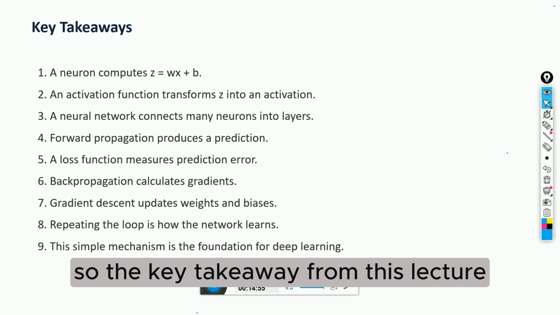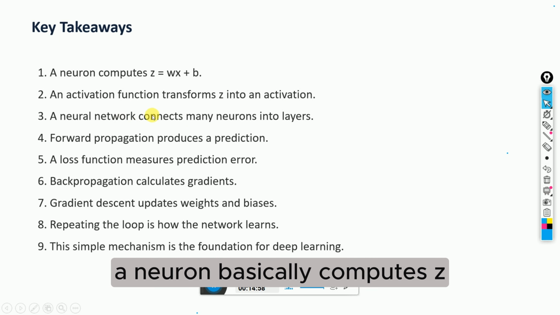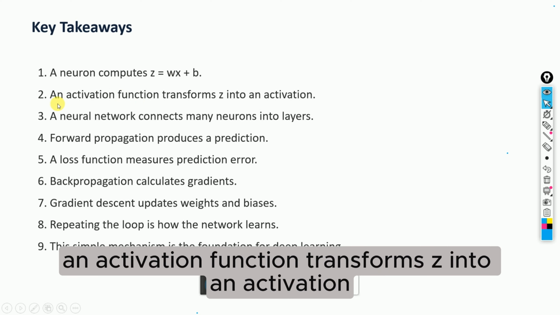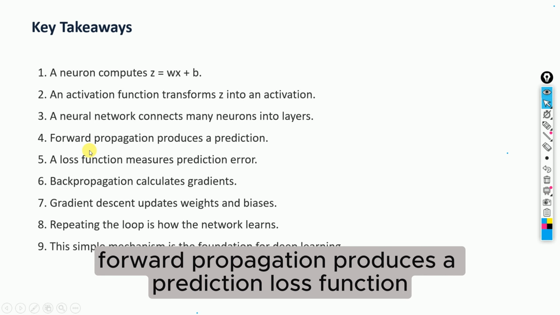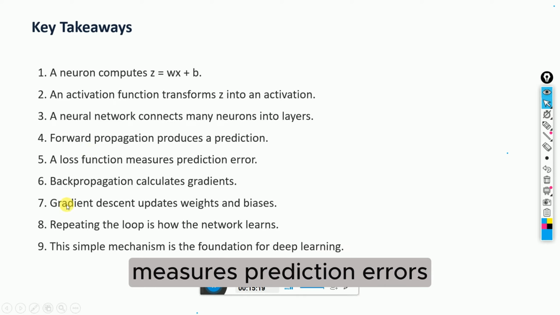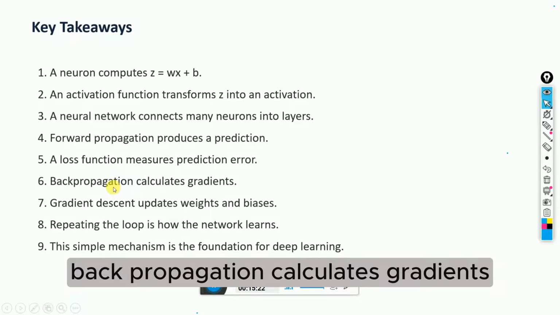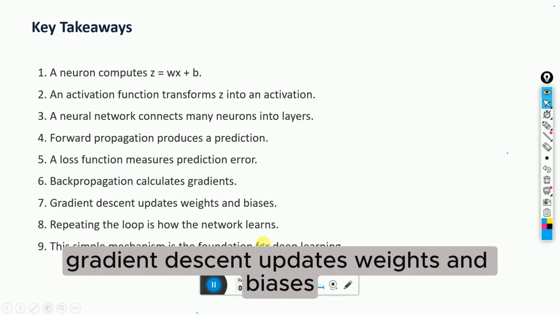So the key takeaways from this lecture: a neuron computes z, and an activation function transforms z into an activation. A neural network connects many neurons into a layer. Forward propagation produces a prediction, the loss function measures prediction error, backpropagation calculates gradients, and gradient descent updates weights and biases.